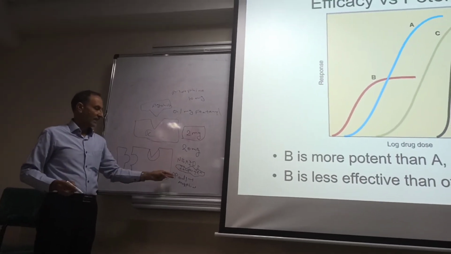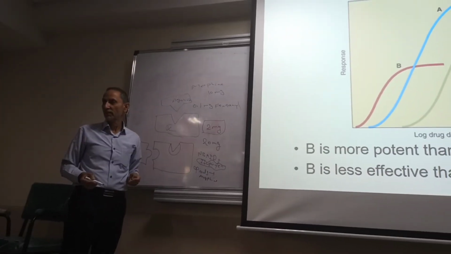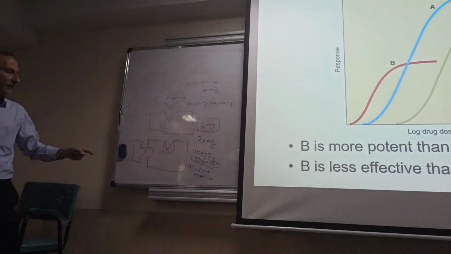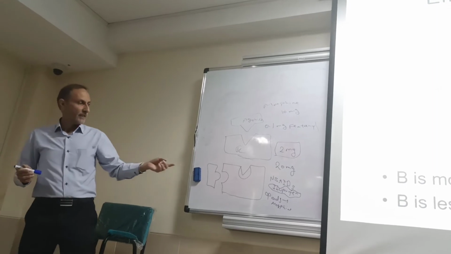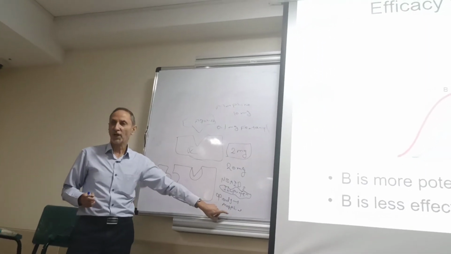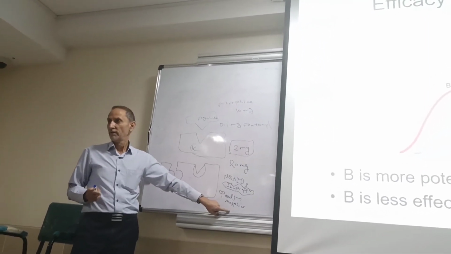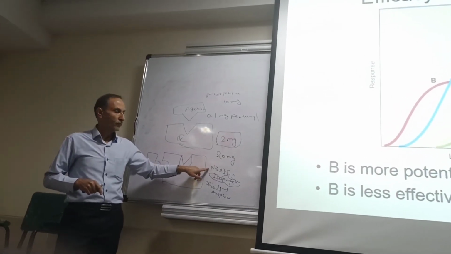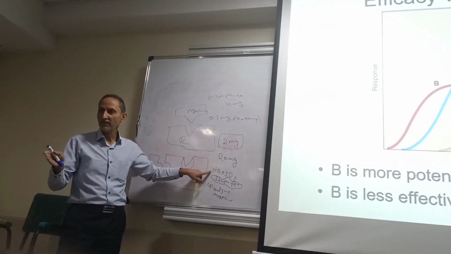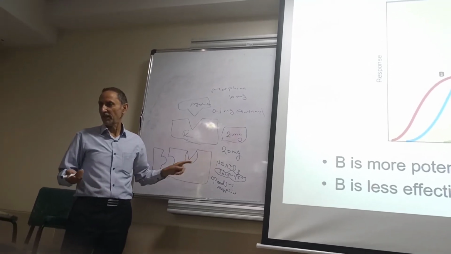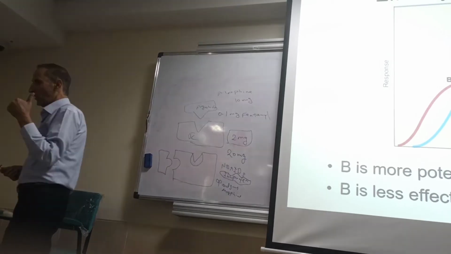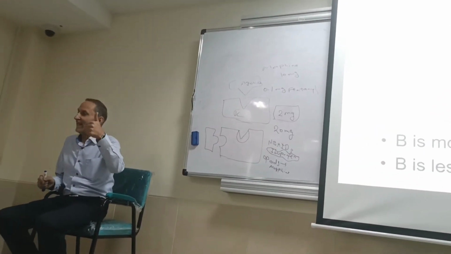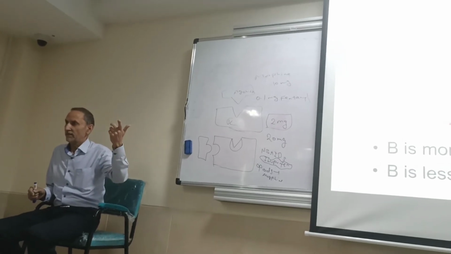Both NSAIDs and opioids are analgesics, painkillers. In such cases, opioids are used since we have a severe pain. But for mild and moderate pains, we use NSAIDs.